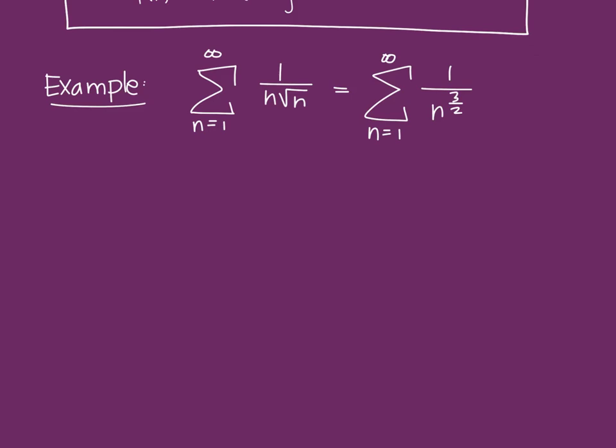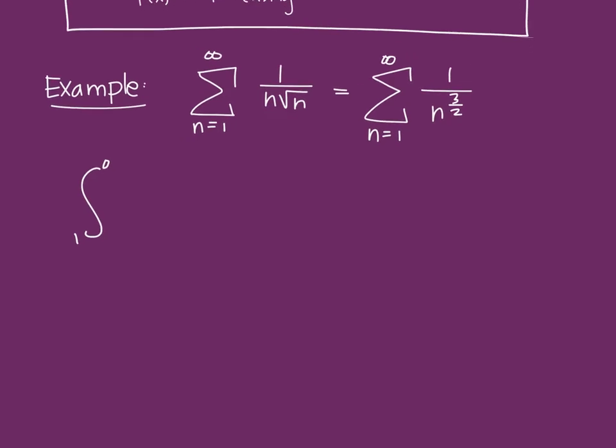Are the terms decreasing? All right, so therefore we can try the integral test. So let's take the limit of the integral of 1 over n to the 3 over 2 dn. If you don't like that, you can change it to x or use whatever variable you prefer.